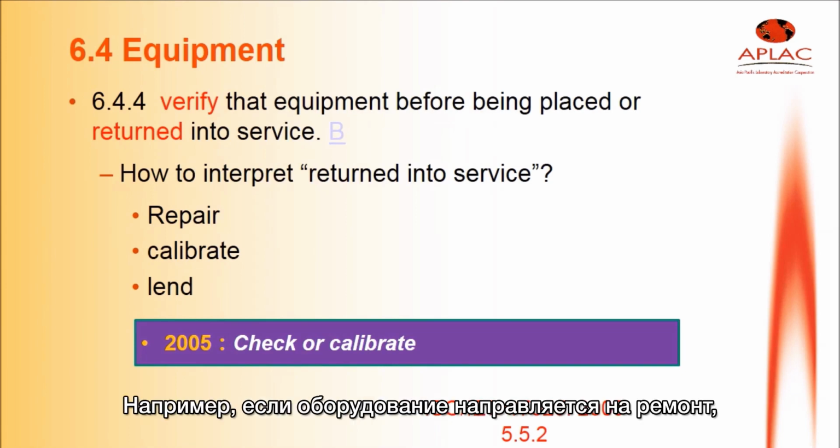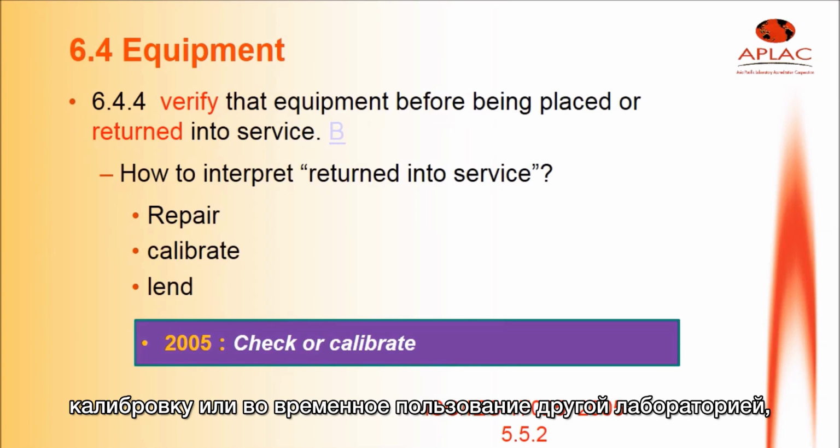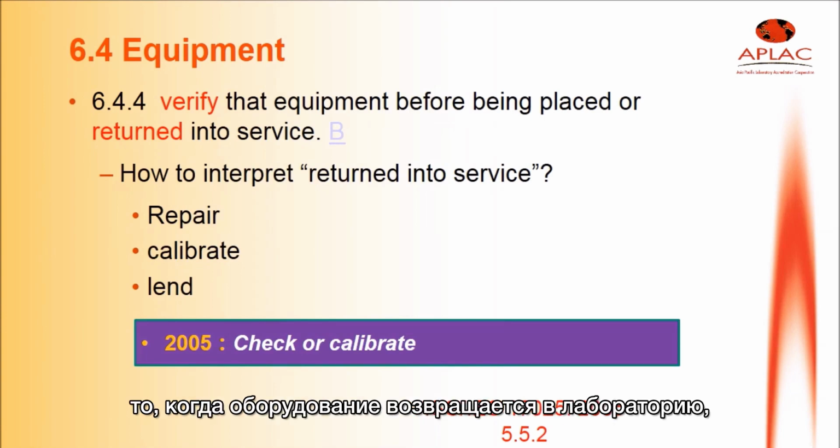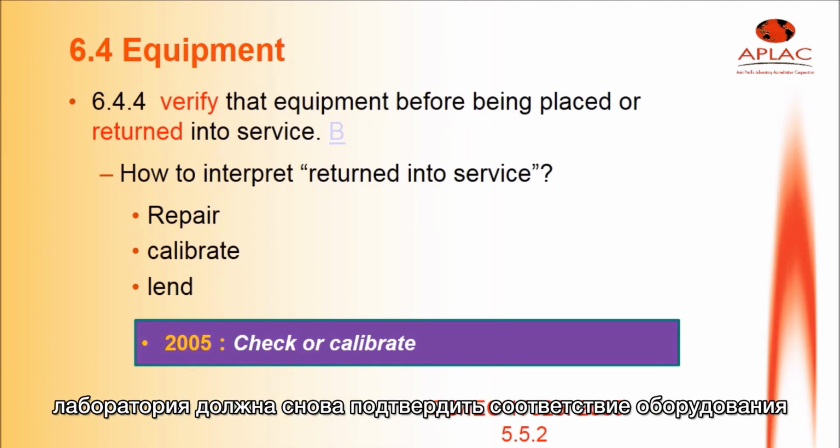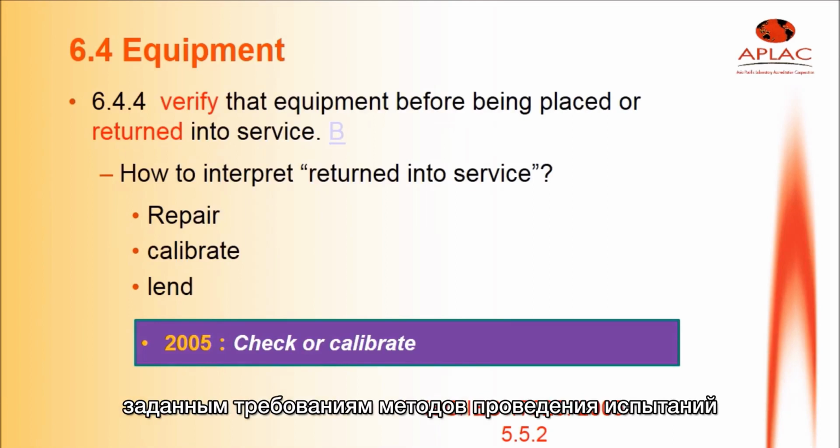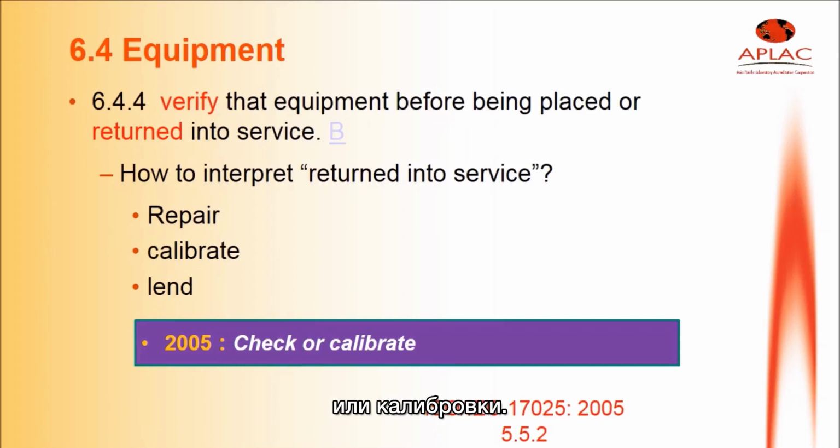For example, when the equipment is sent out to be repaired or calibrated, or borrowed by another laboratory, when the equipment is returned to the laboratory, it should be verified again whether the equipment continually meets the requirements of testing or calibration methods.